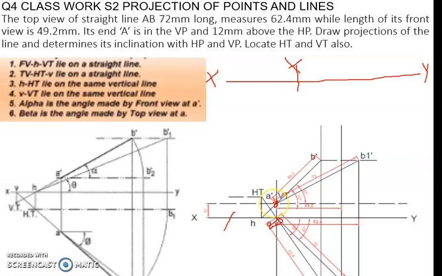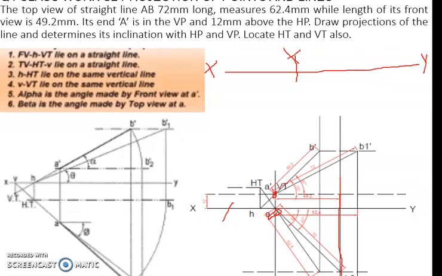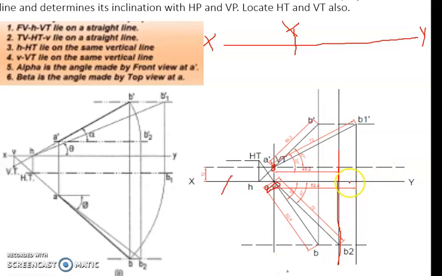We do one thing: this 49.2 mm is the length of its front view. We draw a horizontal line at this locus and mark 49.2 here. We will just draw one projector, or simply a vertical line over here. Then we can project it here.